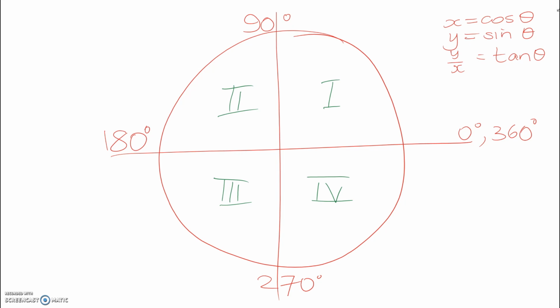Alright, so if I'm in this particular quadrant here, let's say I'm here, you'll notice that my cos is positive. See, my cos is my x-coordinate. There it is there. My y is positive. That's my y-coordinate. There it is there.